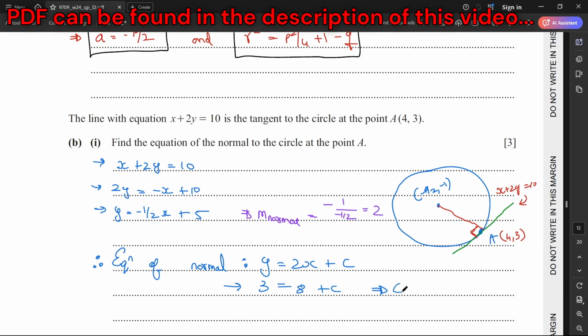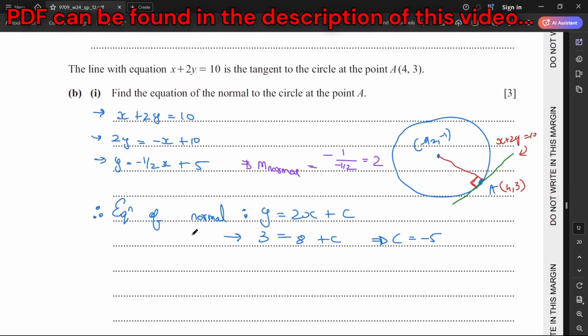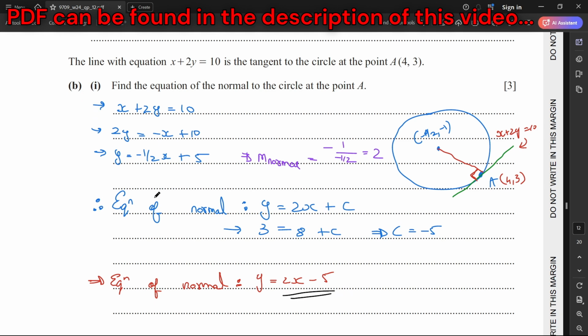So the equation of the normal that we're getting over here is y = 2x - 5. And this becomes the final answer for the first part of B.